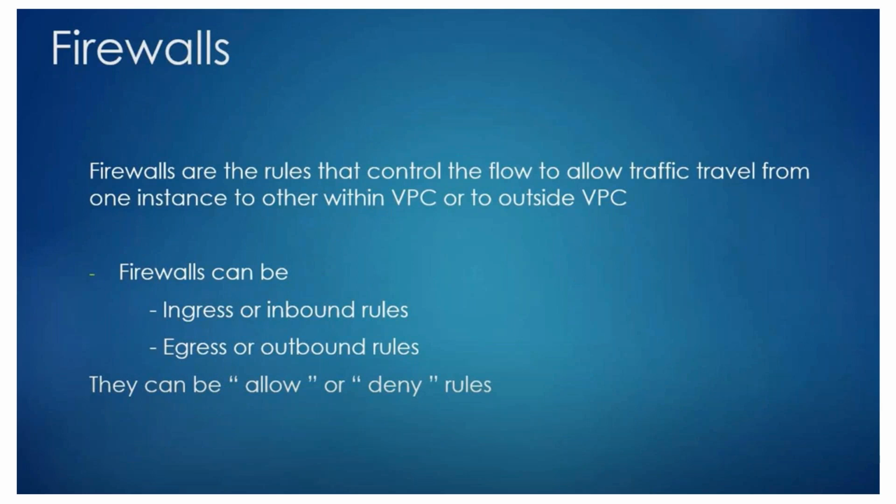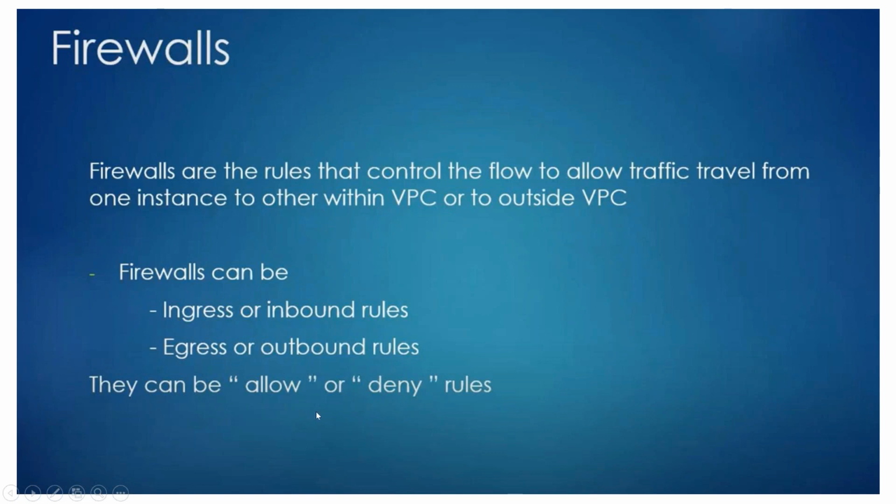Next, firewalls. The firewall concept is added here, right? What is a firewall? A firewall is a network security device that maintains inbound and outbound traffic. Firewalls are the rules that control the flow, allowing traffic to travel from one instance to another within the VPC or outside the VPC. A firewall can be ingress, meaning inbound rules, or egress, meaning outbound rules.